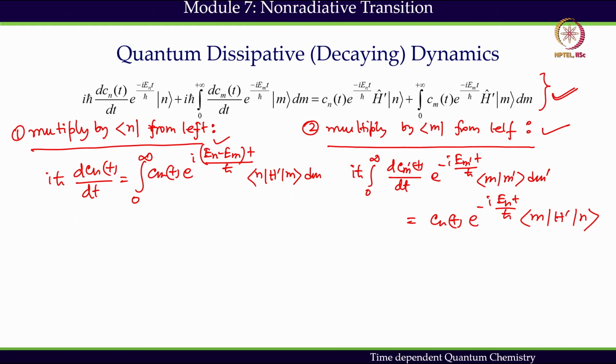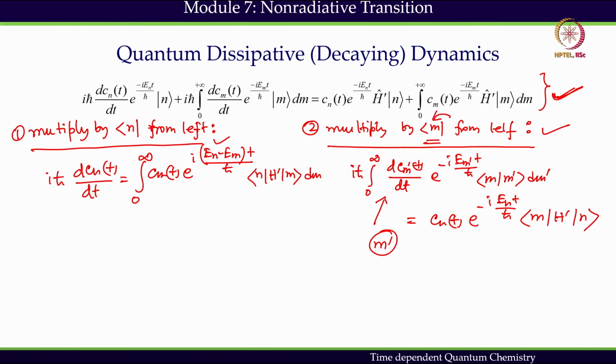So what we have done here, when multiplying this equation with this m, the complex conjugate of this state, is that within this integration the variable we have used is m dash, to distinguish it from the state by which I am multiplying.